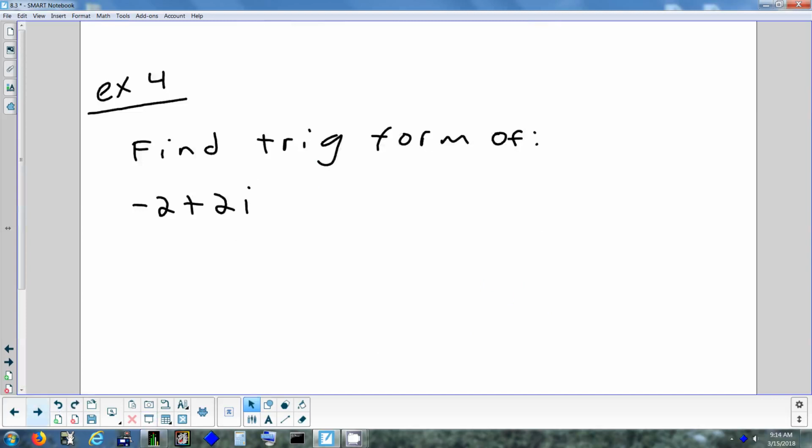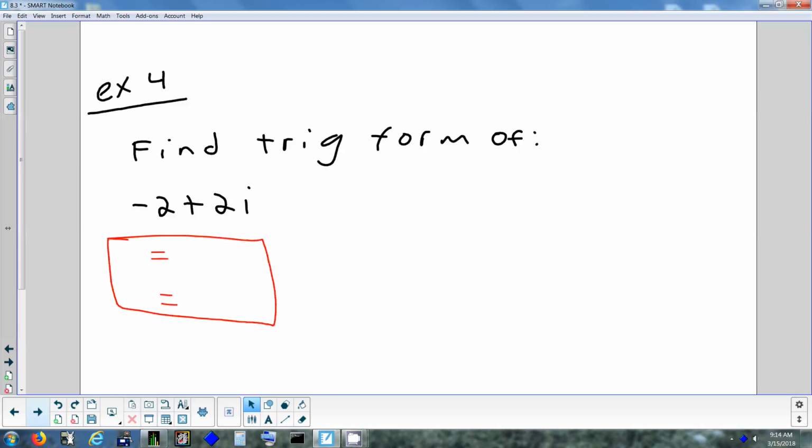Okay, so let's practice writing that number in trig form. Okay, that's standard form. Real part plus or minus imaginary part. Can someone remind me the 2 things that I need to write this in trig form?